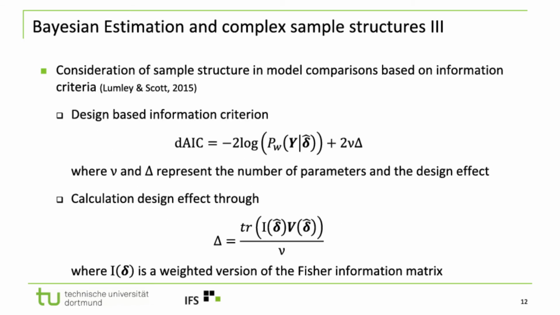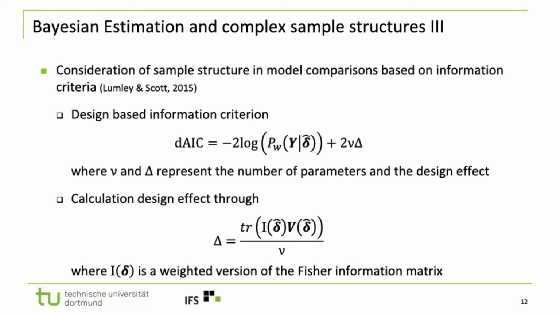The literature also discusses methods for adequately accounting for sample structure in model comparisons. Lumley, for example, introduces a design-based AIC as an information criterion that does not penalize the pure number of model parameters, but adjusts this number with a design effect. For data leading to higher design effects, the number of parameters is penalized higher than for lower design effects.